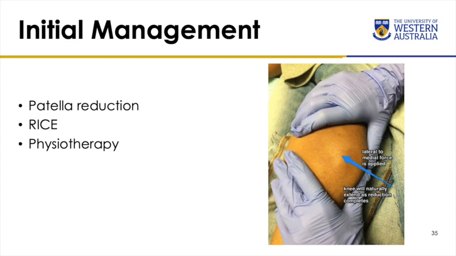You can see in the picture the technique used for reduction of a patella dislocation, with a force from lateral to medial. Combining this with extension of the knee will result in the patella relocating with a satisfactory clunk.